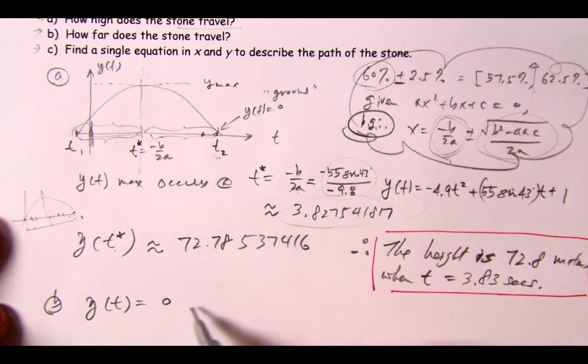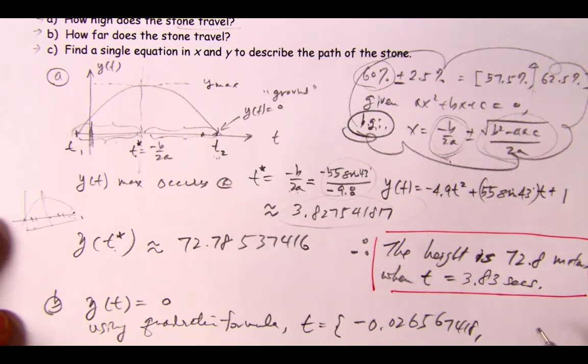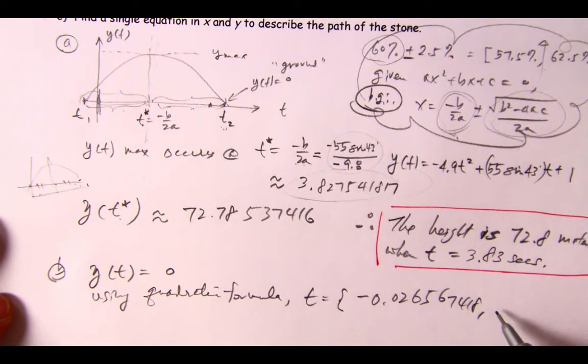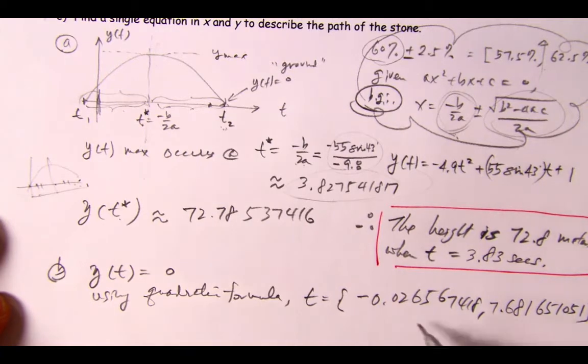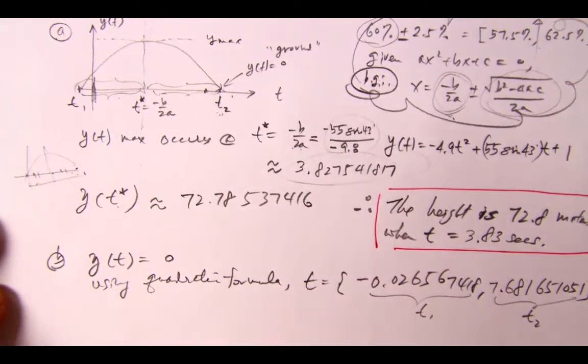When you did that, using the quadratic formula, you guys will actually have to show that, my t values are negative 0.026567418, and the other value is 7.681651051. So this right here is T1, and this is the T2 that we're talking about, T1 and T2, right?